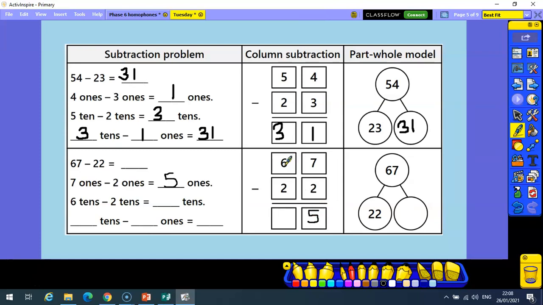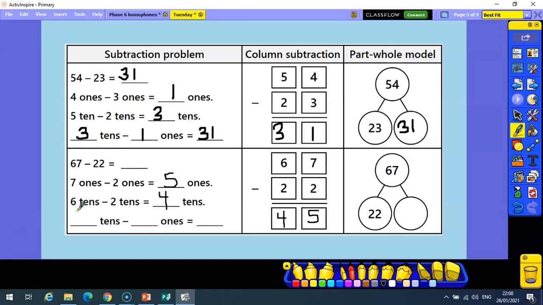Next I'm going to do my 10s column. My 10s column says 6 take away 2. So that's the same as 6 10s take away 2 10s. So again, 6 on my fingers. I'm going to put down 2. 1, 2. That leaves me with 4. So that must be 4 10s.